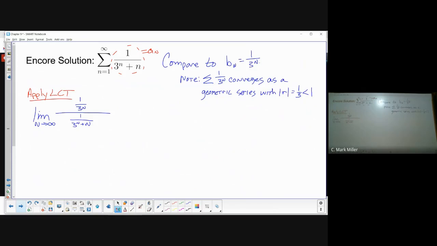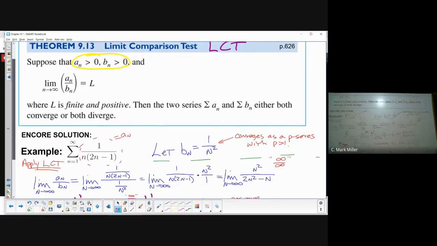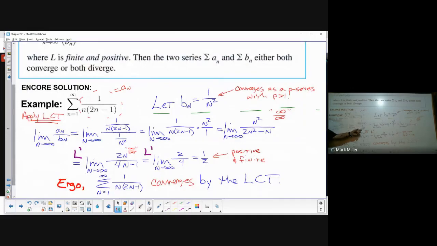By the way, when we did this, we did this last time over here. This first limit, as n goes to infinity, this is a 0 over 0 case right here. We could have applied L'Hopital's right there, because it's a 0 over 0 case.